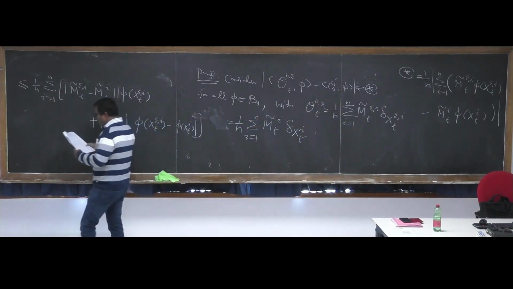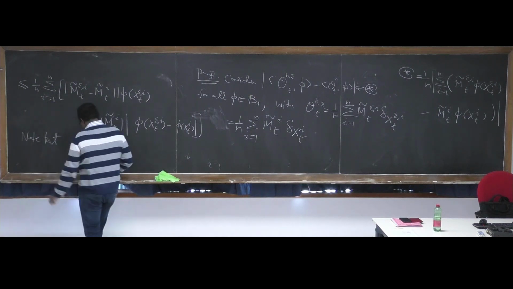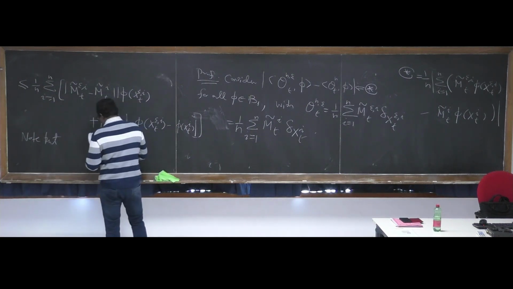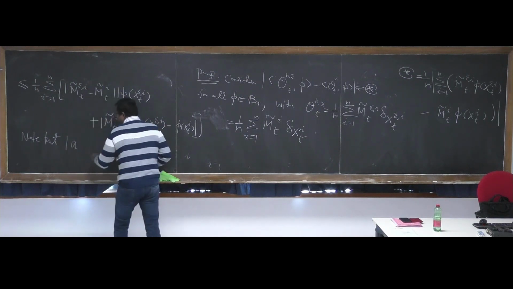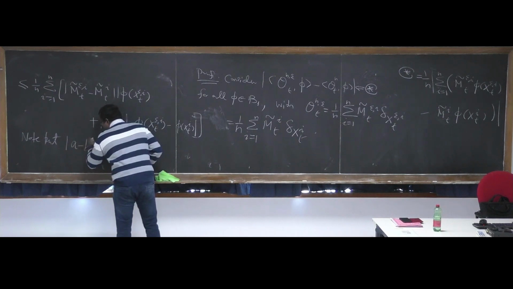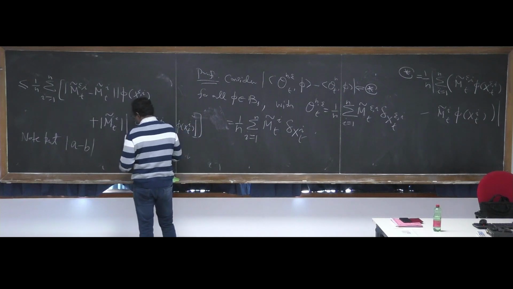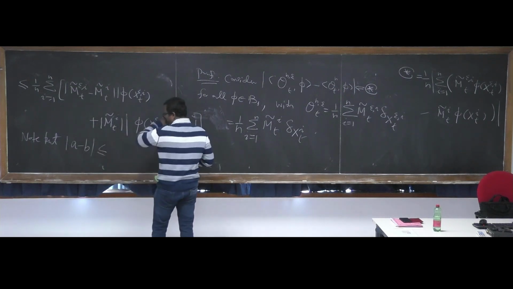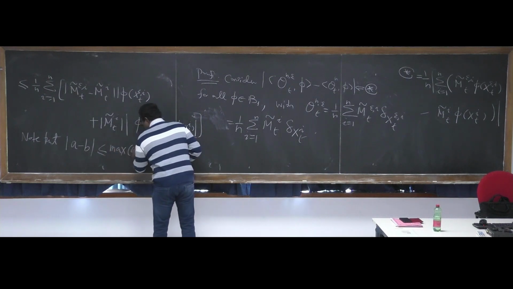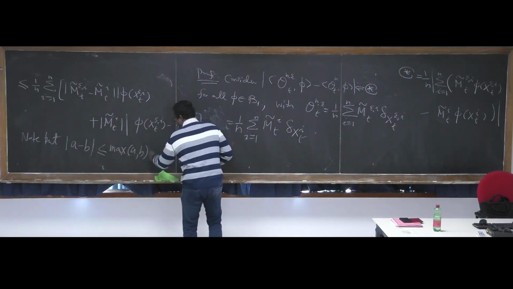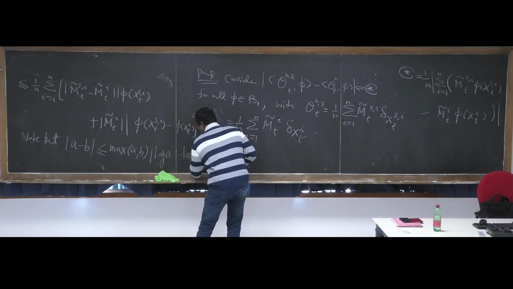Now also note that we have this nice estimate: the absolute value of the difference of two real values, a minus b, can be bounded by the maximum of a and b times the difference of log a minus log b.